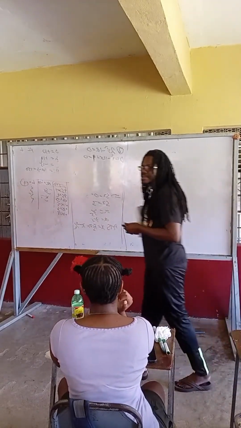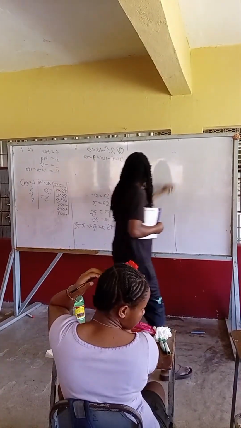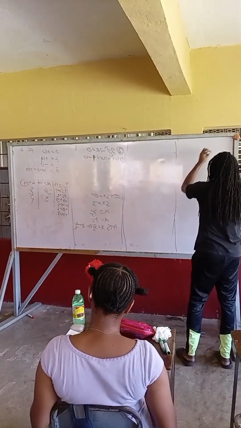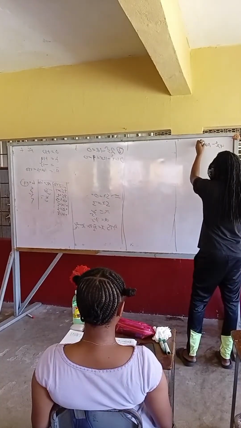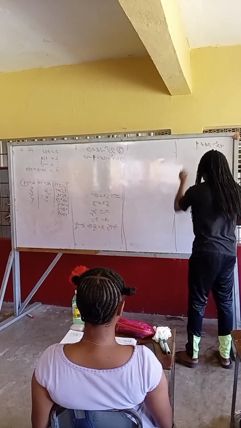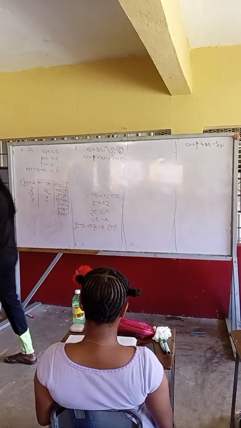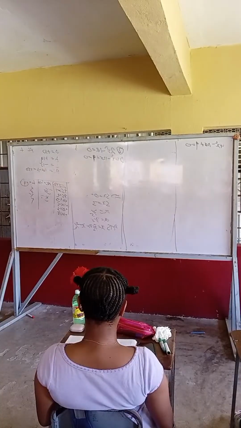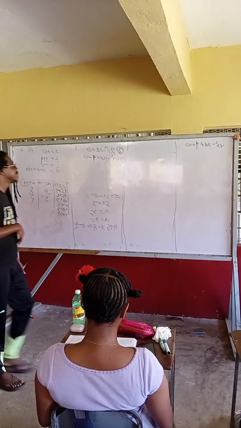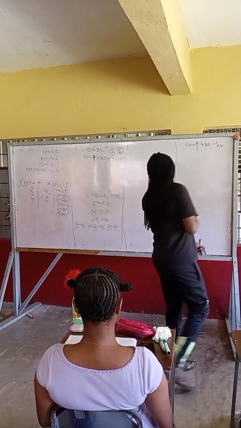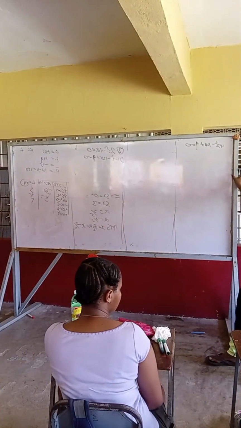Number one. Watch me. 4x squared minus 12x plus 9 equals 0. 18 is not a square.